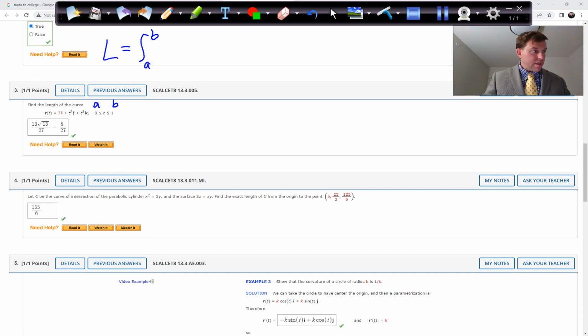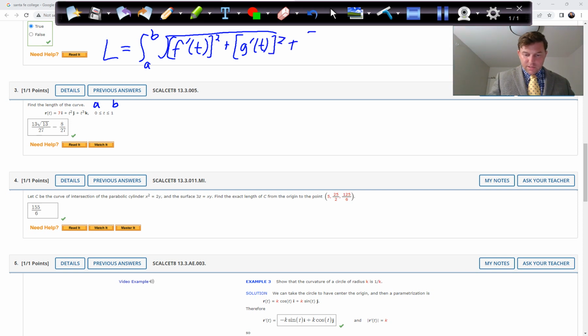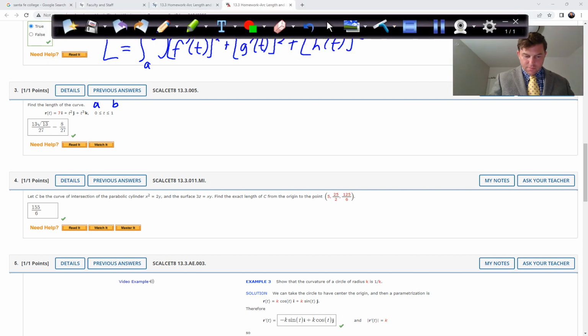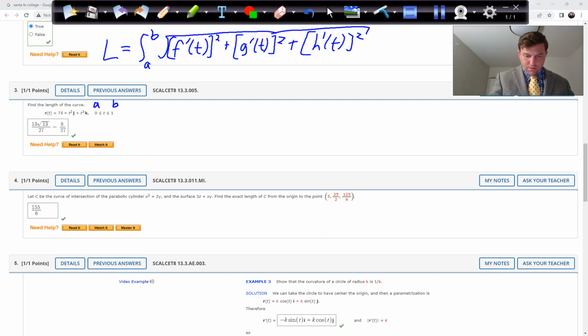And it's going to be the square root of f prime of t squared plus g prime of t squared plus h prime of t squared, with respect to t.